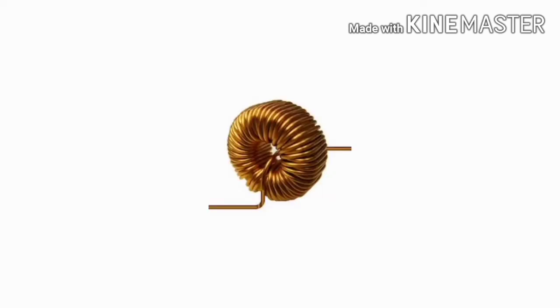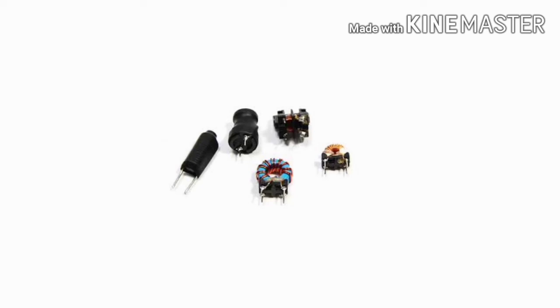Next, these are practical inductors, which are a number of turns wound on a toroid or an iron piece. These are the different ratings we see for different purposes, and these are some more examples of practical inductors.